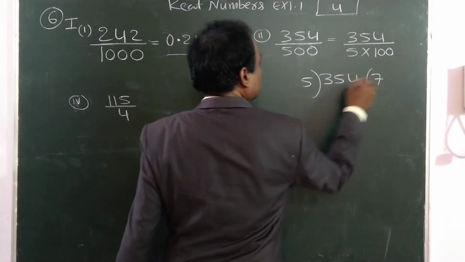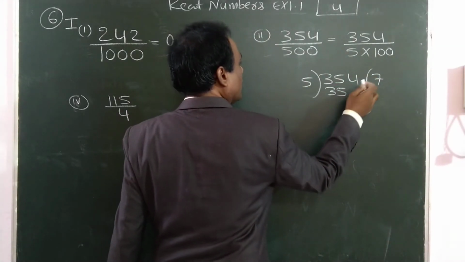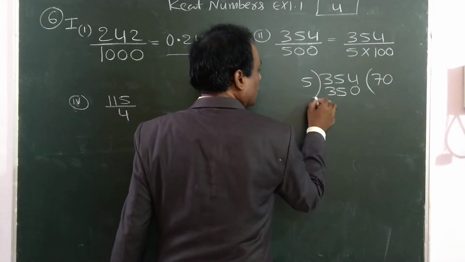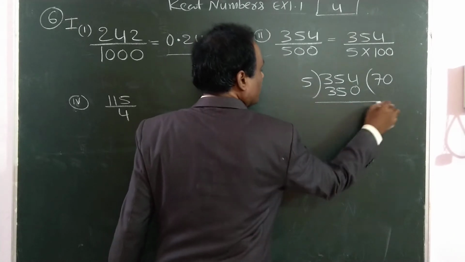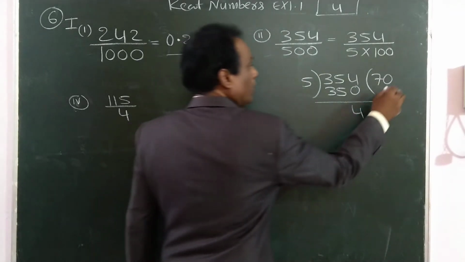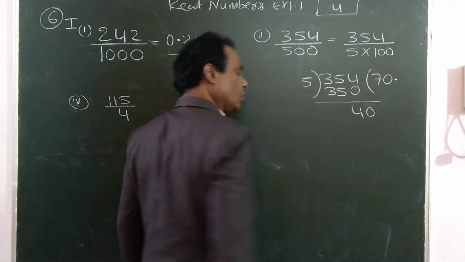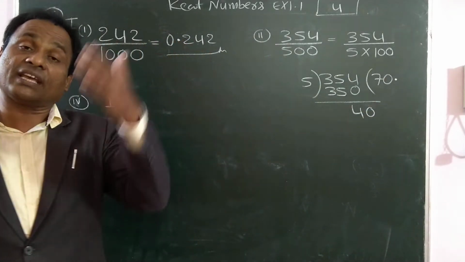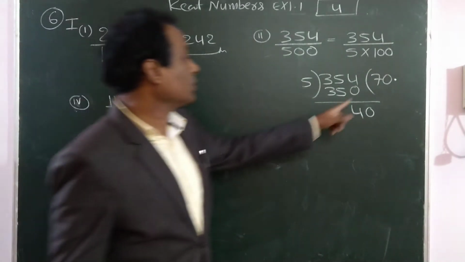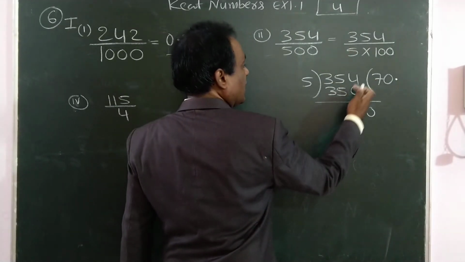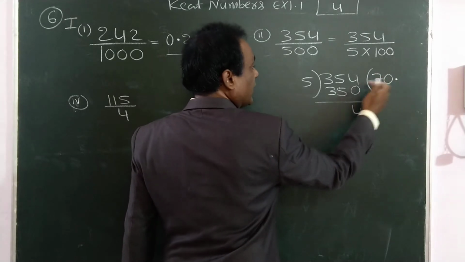5 7s are 35, and only one digit remains, so take 0. Put the decimal. Every time whenever you put the decimal, we can take 0. One decimal means every time you can take one 0. So put the decimal, we get 0. 5 7s are 35, and only one digit is left, so we take 0.